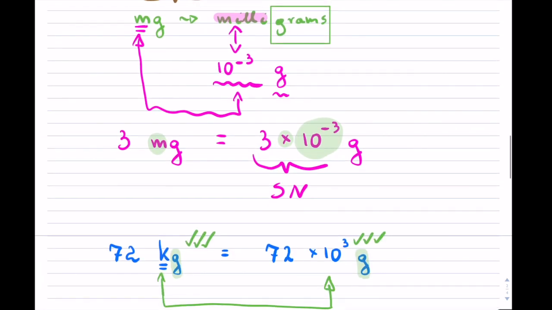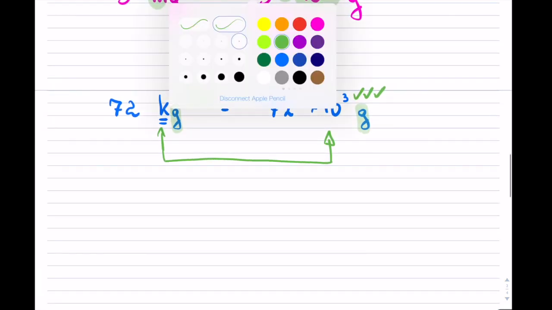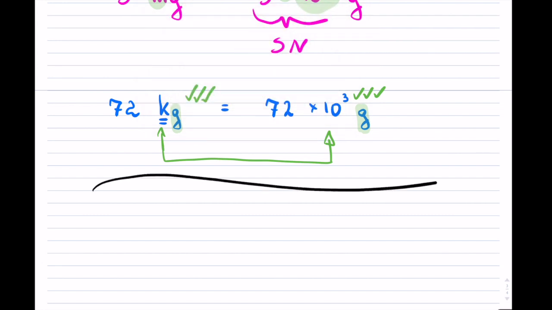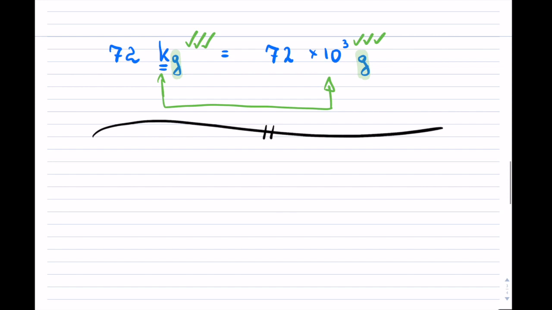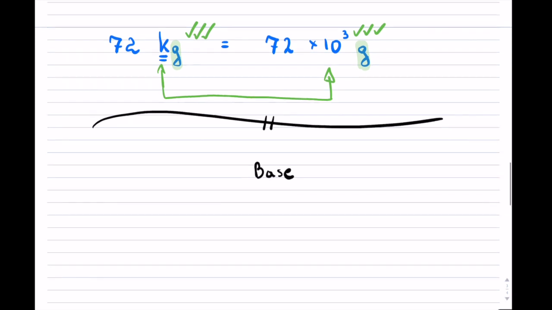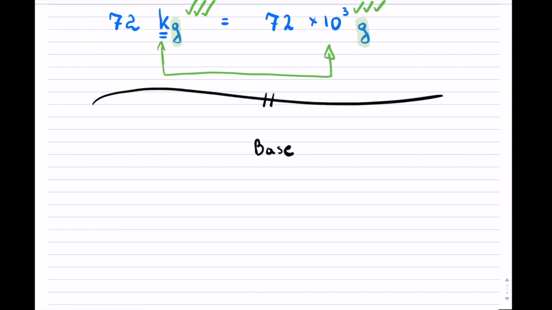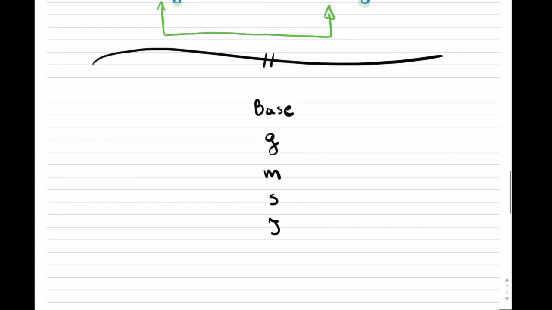So first, instead of writing the table up and down, I'm going to just simply take the base unit that I want. So now the base unit, as you have seen above, could possibly be grams. Maybe it is meters. Maybe it's seconds or joules. And of course, we can continue on with many other base units.